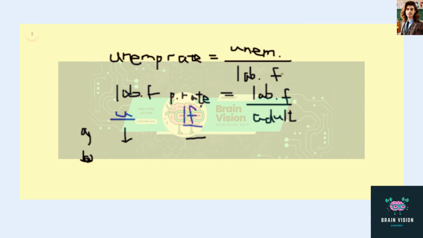So the labor force increased, and the unemployment rate decreased. What happens to the labor force participation rate? The labor force goes up, and the adult number doesn't change because a college student is already an adult. So the labor force participation rate goes up.